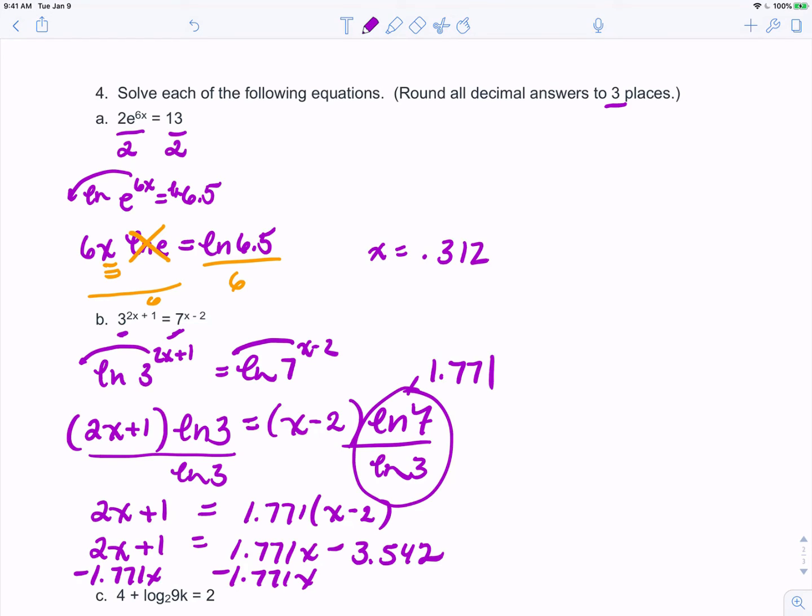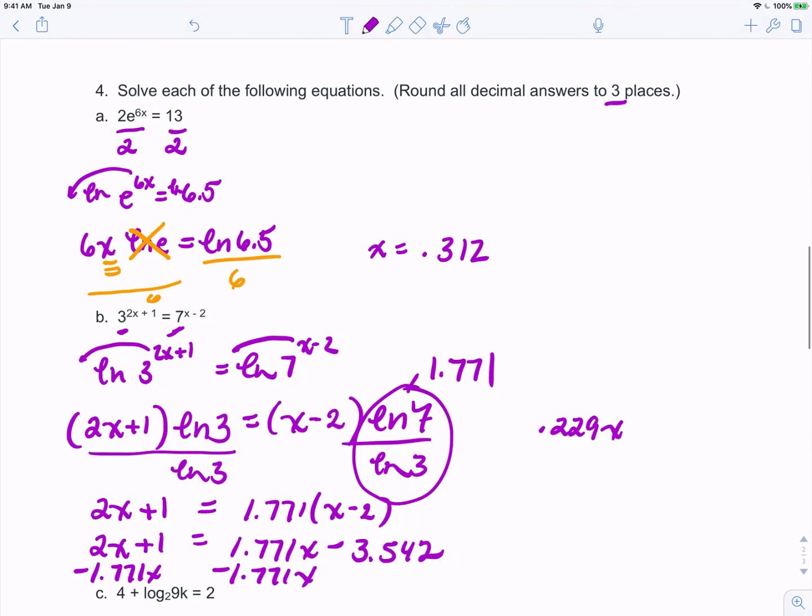That tells us that 0.229x plus 1 is equal to negative 3.542. We'll subtract 1 from each side. From here on out, it's just really algebra, often involving a lot of decimals.